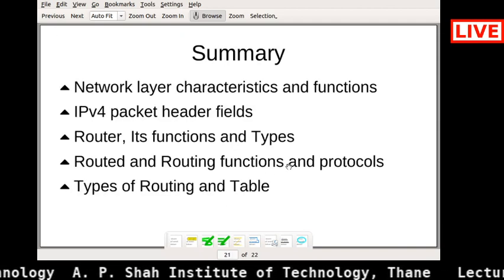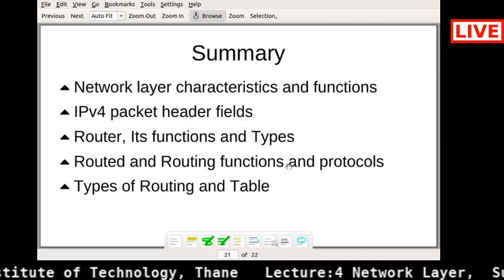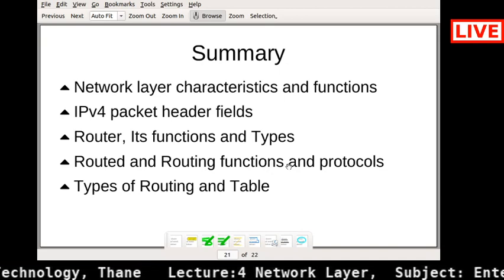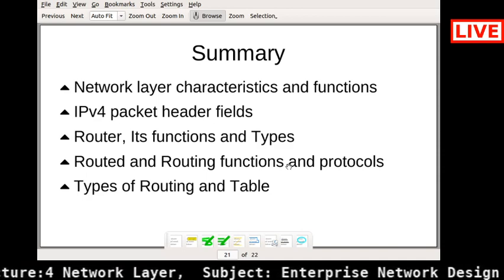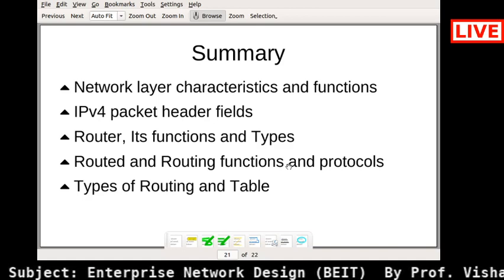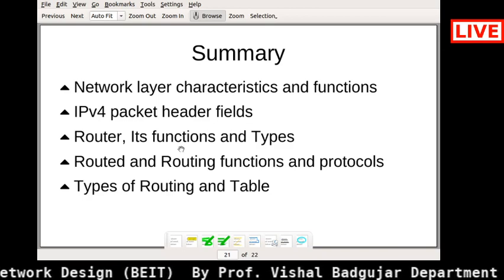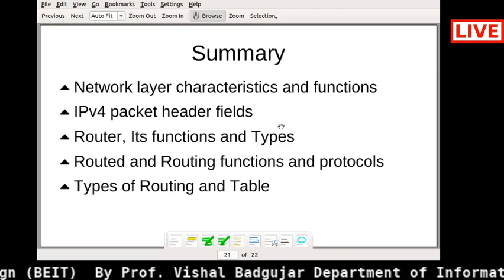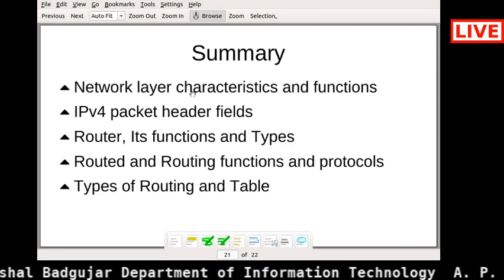So what we have studied today: we studied what we mean by the network layer, layer number 3, what its functionalities and characteristics are. Logical addressing and path determination are its functions. Then there are communication protocols, IPv4 and IPv6. In the 32-bit IPv4 format we discussed the different header fields.